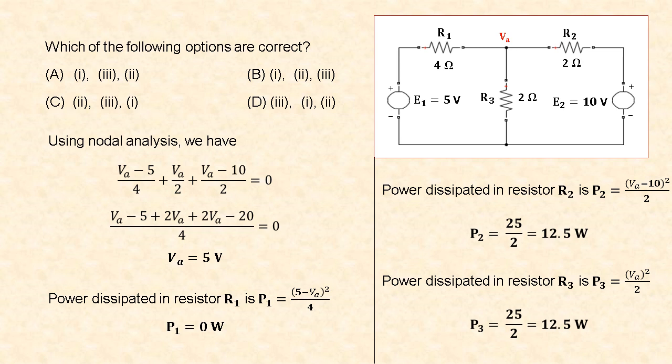Similarly, the power dissipated in resistor R2 is P2 is equal to (VA minus 10) whole square by 2, which is equal to 25 by 2, which is equal to 12.5 watt. Similarly, the power dissipated in resistor R3 is P3, which is equal to VA square by 2. VA is equal to 5 volts. Substituting for that, we have P3 is equal to 25 by 2 is equal to 12.5 watt. Here, since none of the above options are correct, they have given marks for all the candidates.